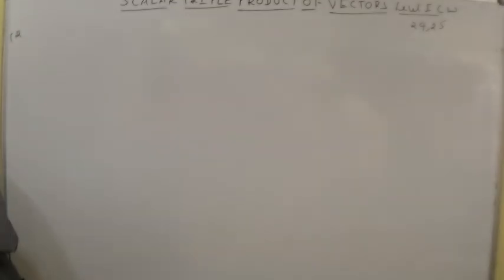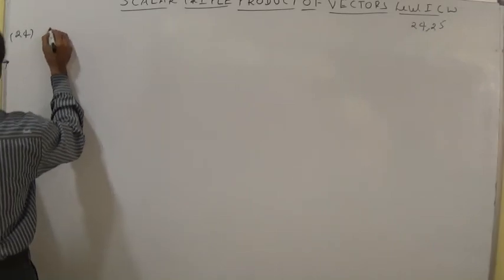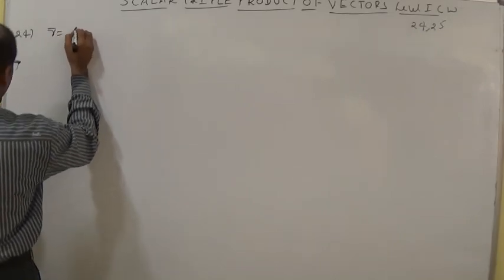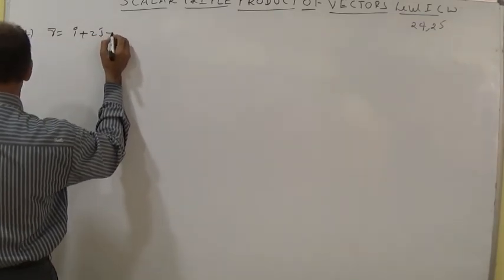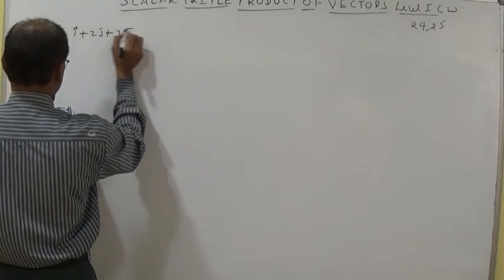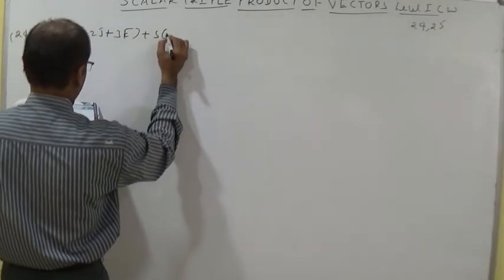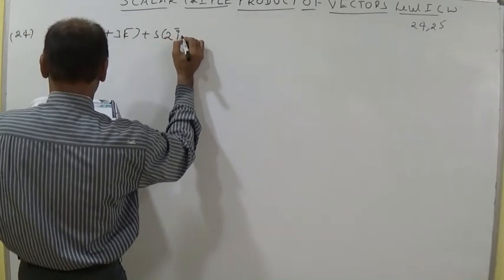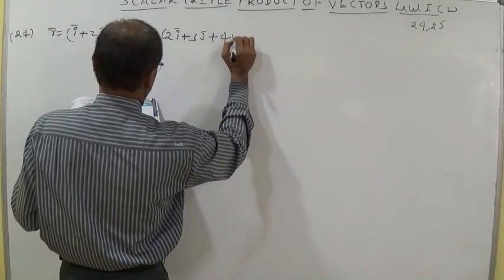24th question, the shortest distance between skew lines. Of course, it is not given that the lines are skew, but we should understand according to the given data that they are skew lines. R bar equal to i bar plus 2j bar plus 3k bar plus s into 2i bar plus 3j bar plus 4k bar.